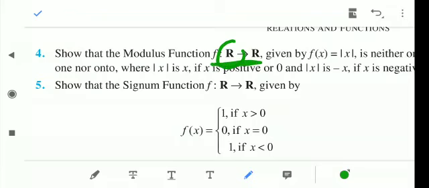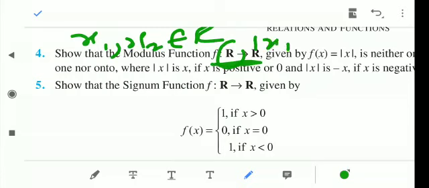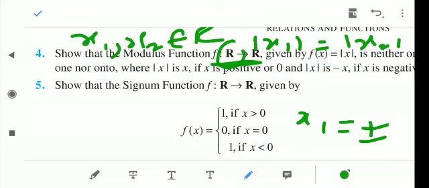If we take x1, x2 belonging to R, then f(x1) = f(x2) implies mod x1 equals mod x2, and mod x1 equal to mod x2 implies that x1 = plus or minus x2. So in that situation the function is not 1-1. f(x) = mod x is not 1-1.